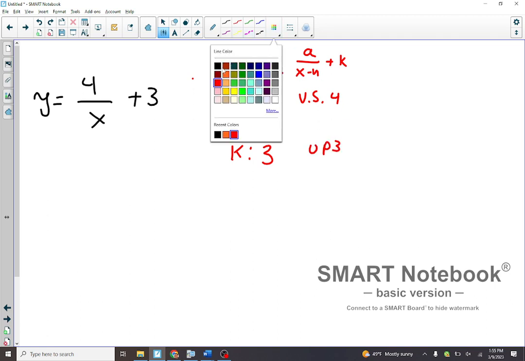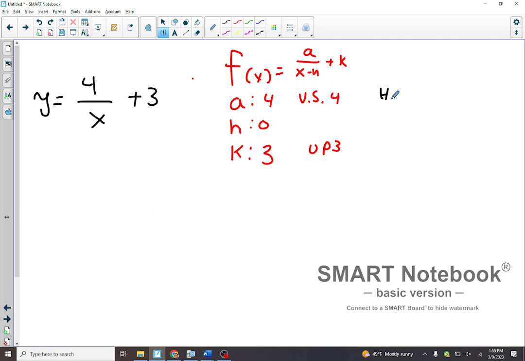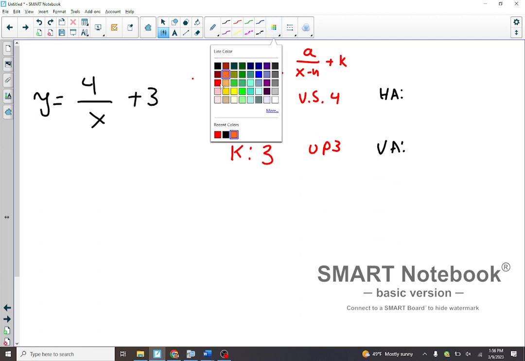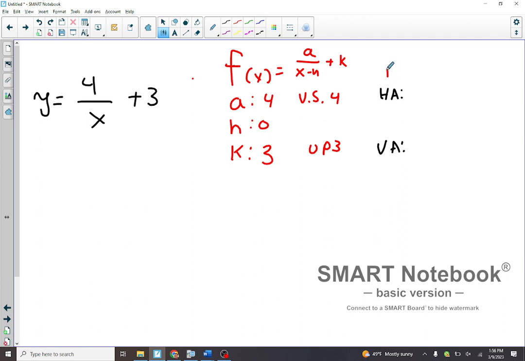Now, how does that affect your horizontal and vertical asymptotes? This situation occurs when there's x on the bottom and no x on top, so x to the 1 on the bottom and x to the 0 power on top. In a generic situation, the horizontal asymptote will be y equals your k value.